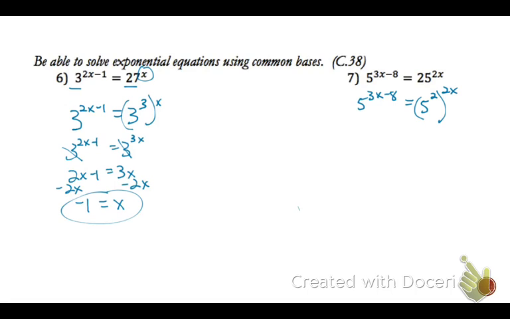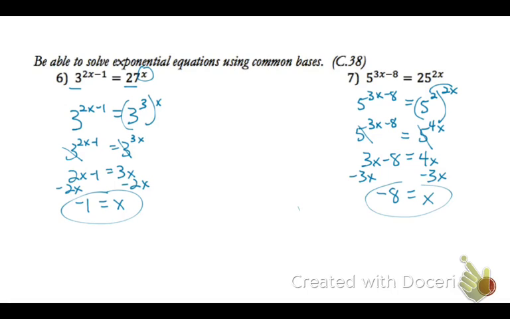But then I have to raise it to the 2x power. So 5 to the 3x minus 8 power equals, when I raise a power to a power, I multiply. When my bases are the same, I can disregard them and set my exponents equal to each other. Then I can solve for x, so I'll subtract my 3x over. -8 equals x.